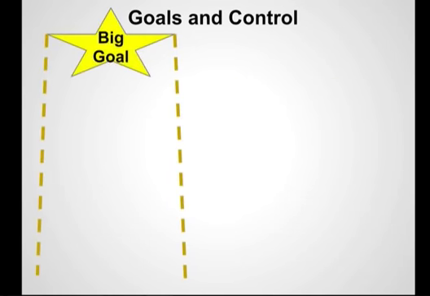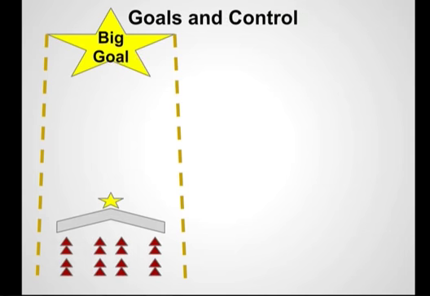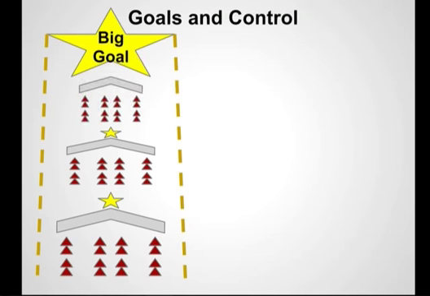Goals and control. To maintain and push the group and keep it together, oftentimes the group will create goals, and these goals can lead the group in a certain fashion. Now these big goals can be broken up into smaller goals, and the group tends to stay together in order to get that first goal done, and the second goal, and then finally the third, and then finally the biggest goal to be completed.